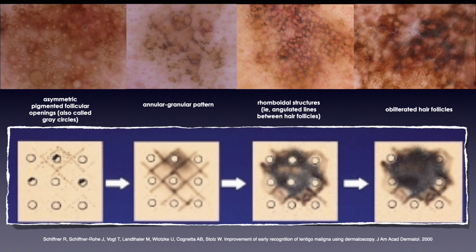When we see these asymmetric follicular openings, which are more visible in the beginning of the formation of the lesion, or the annular granular pattern, or these rhomboidal structures, and finally, of course, the obliterated hair follicles, we will be very confident to make the diagnosis of melanoma.